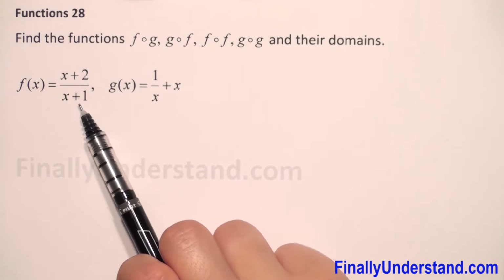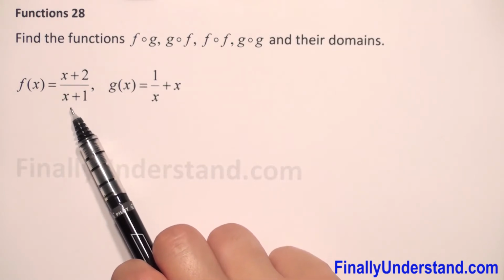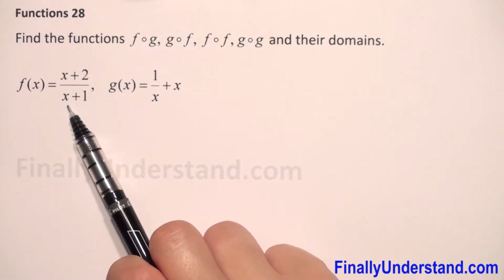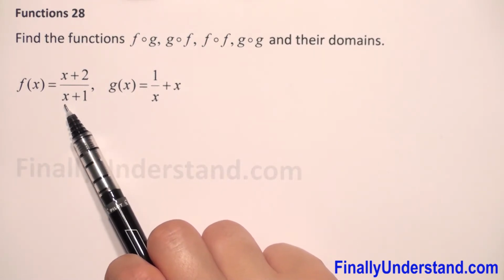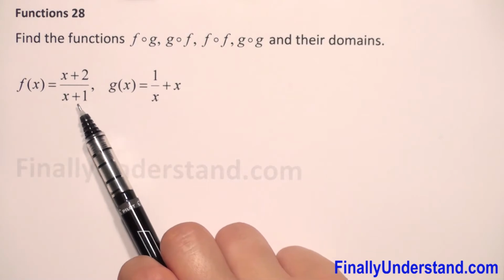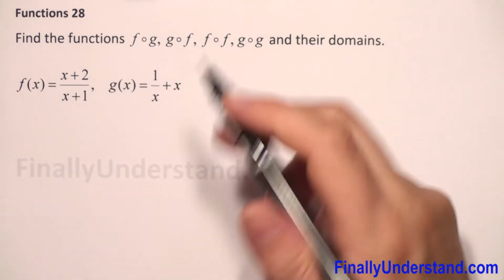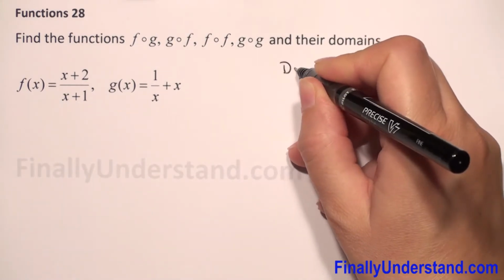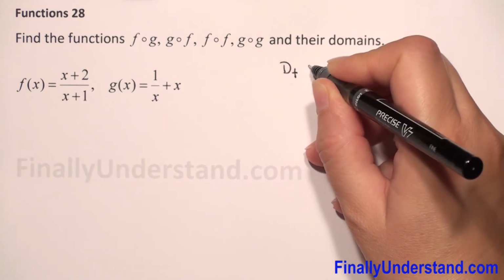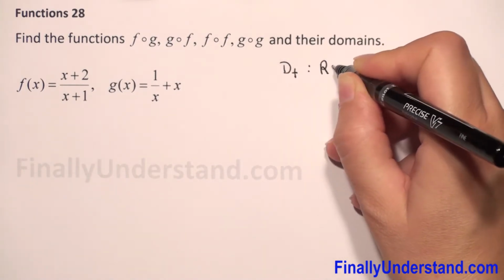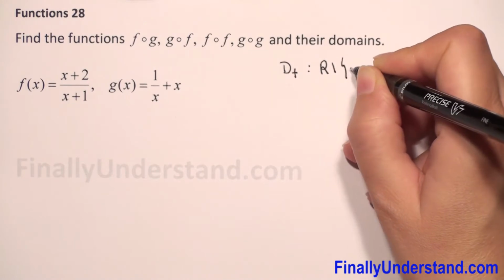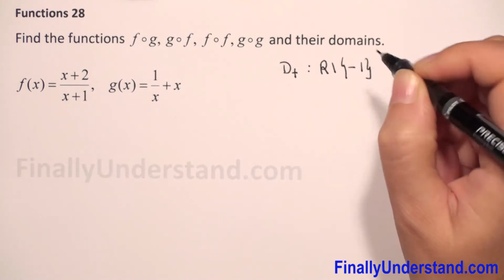Because we have x plus 1 in the denominator, and we know that the denominator must be different than 0, we see that for negative 1, this denominator will be 0. So the domain of f function will be all real numbers excluded negative 1.